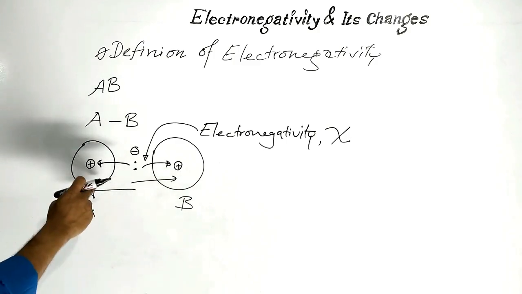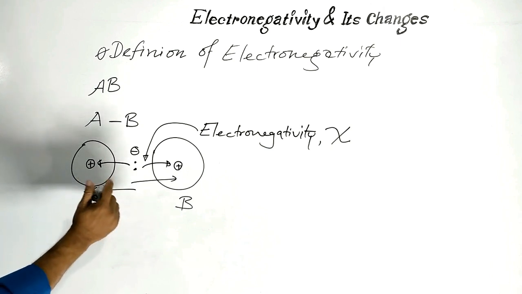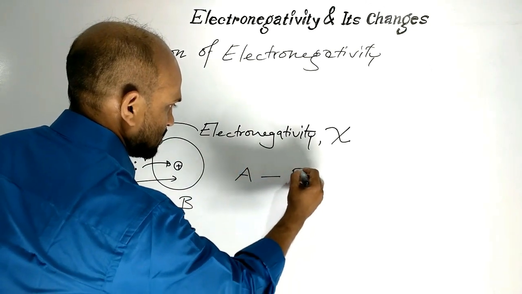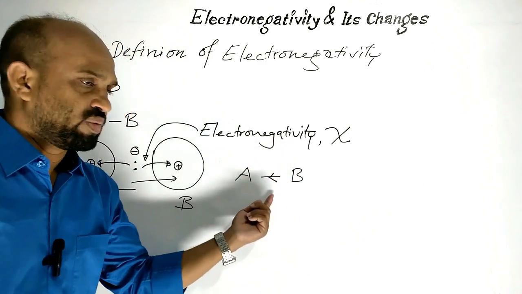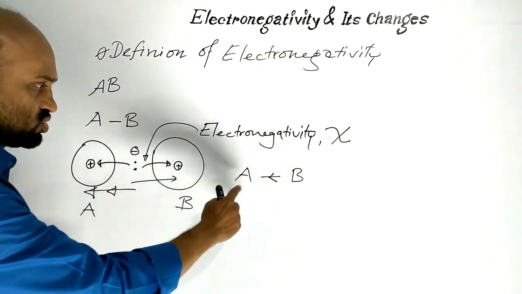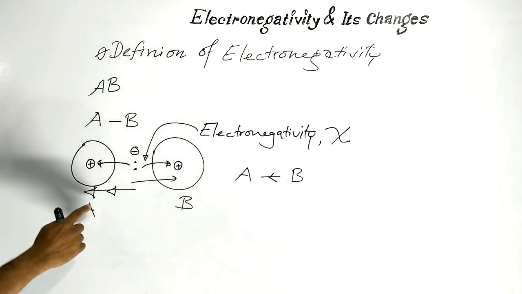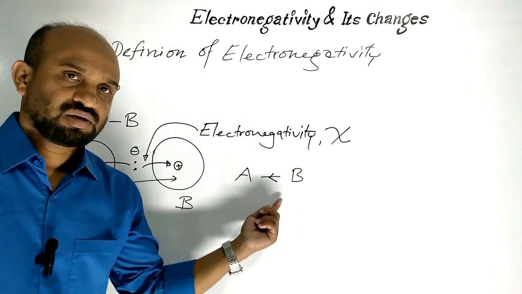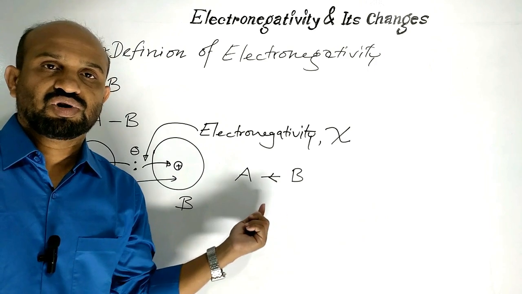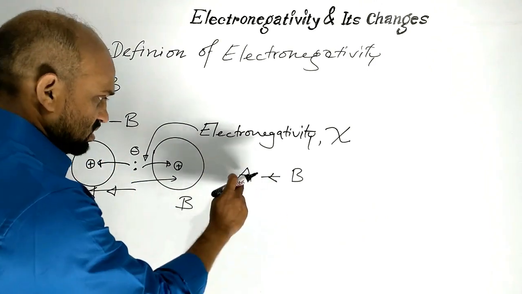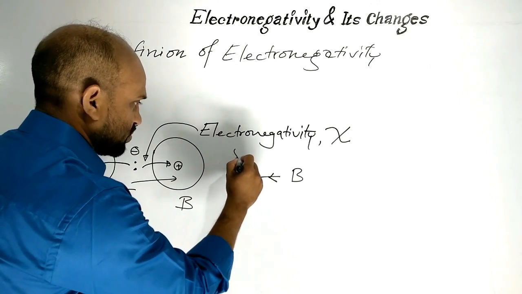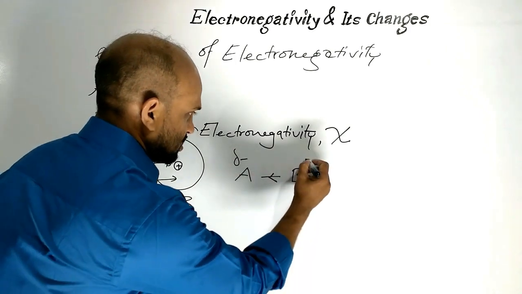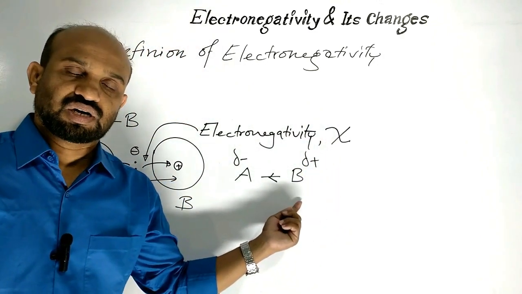Suppose the electronegativity of atom A is higher than B. Then covalently bonded electrons will move towards A, because we said the electronegativity of A is higher than B. As a result, over A, a partial negative charge appears, and over B, a partial positive charge appears.